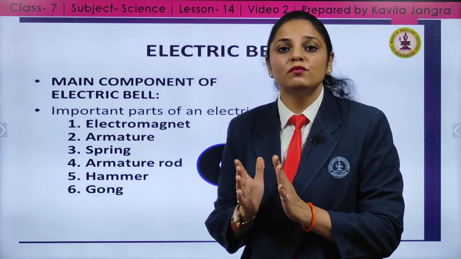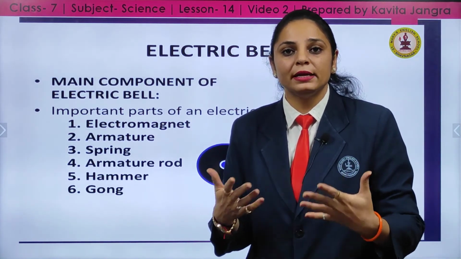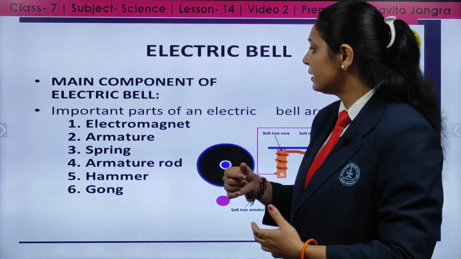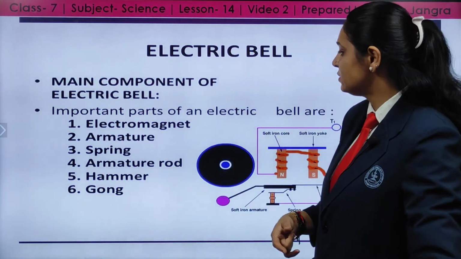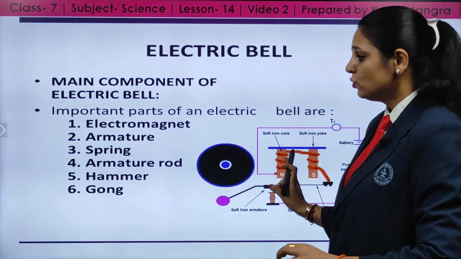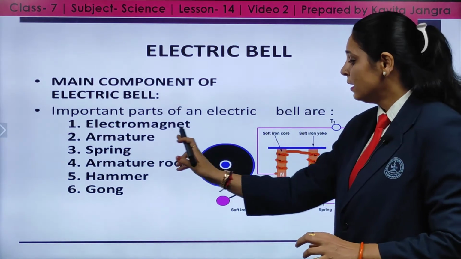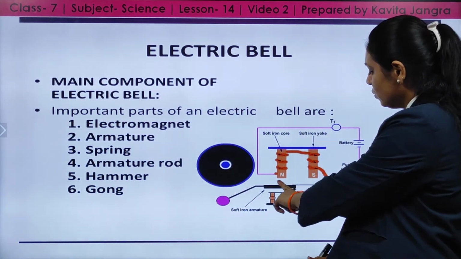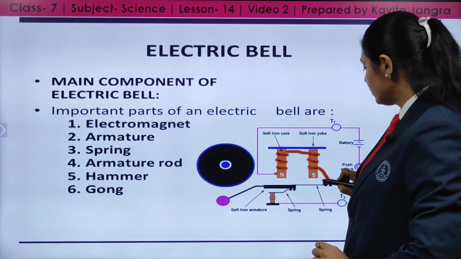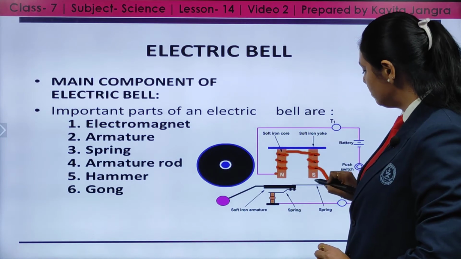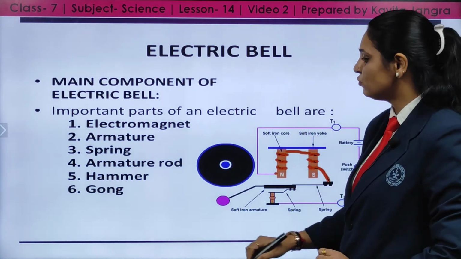This also works on which principle? Electromagnetic effect. The important part in this electric bell is the electromagnet. You have to make one electromagnet for it. Armature, this one, the lower one, which is attracted towards this electromagnet. Then spring. Spring is this part, which will bring the armature towards the electromagnet.